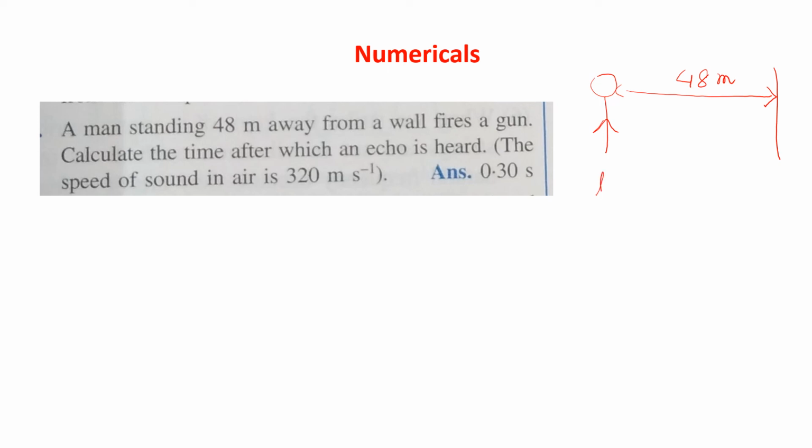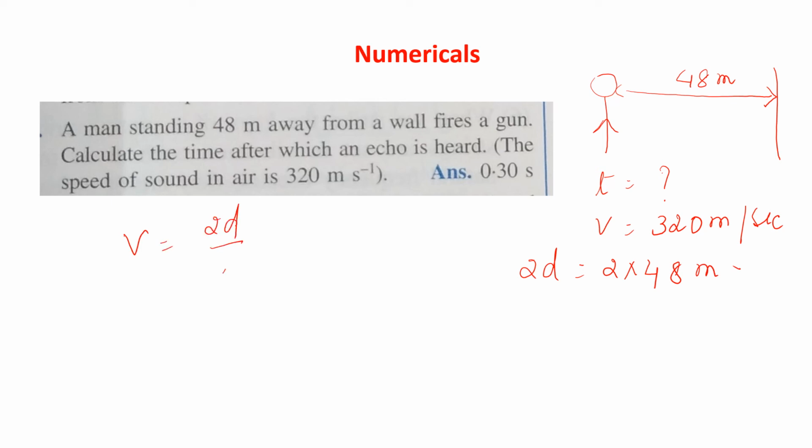That means you have to find out t, and the speed of the sound v is given 320 meter per second. So you have to find out 2d. 2d is equal to 2 into 48 meter. You have to find out t. So the formula is v is equal to 2d by t.